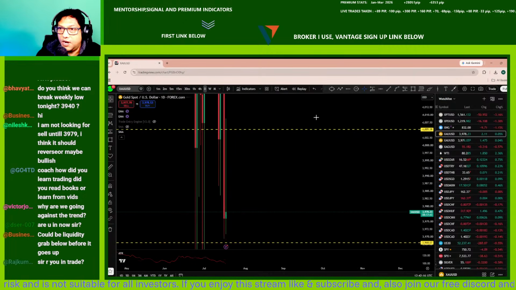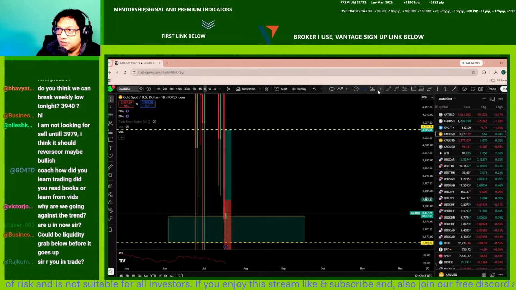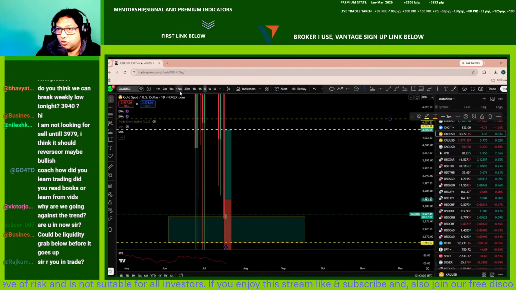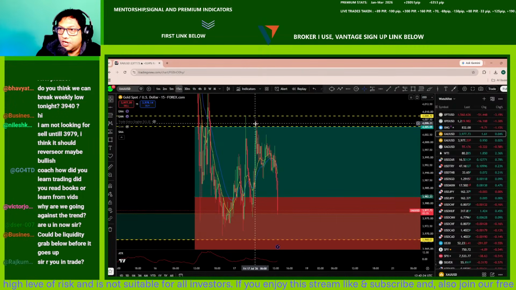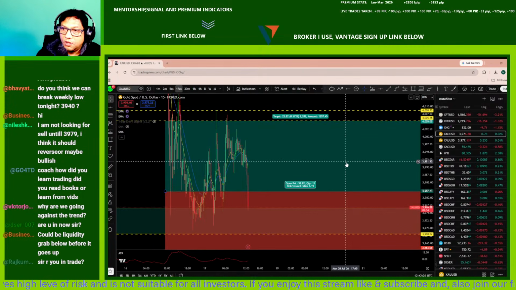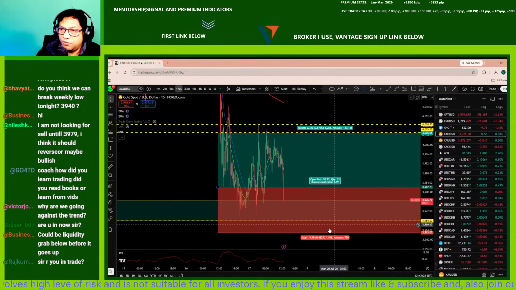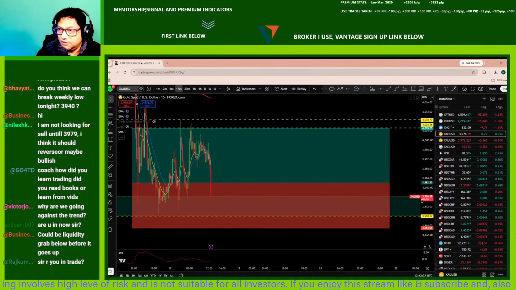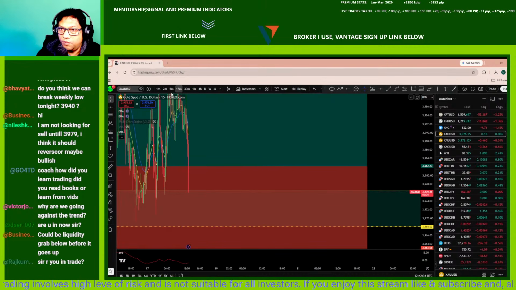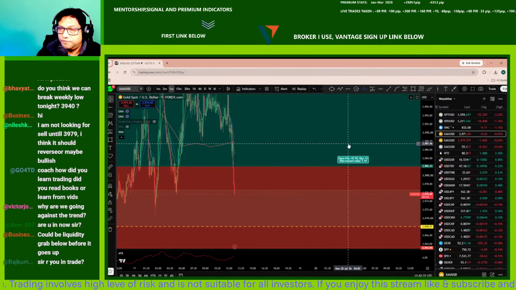I think the price might retest this daily high or continue a little higher. But our profit target is at this daily high level. If the market, with high probability, bounces off this level, then it can move back to the upside here.